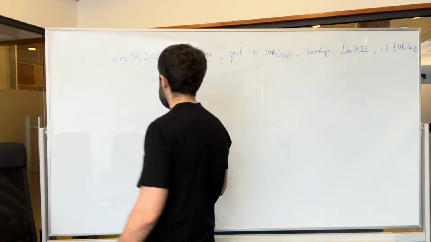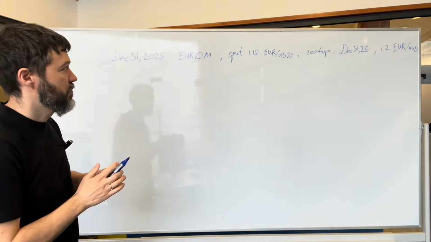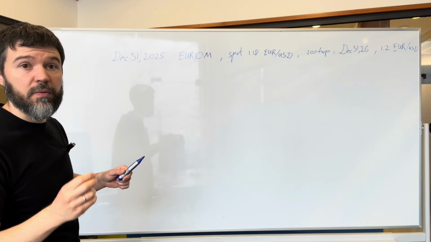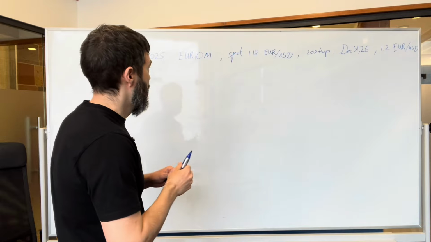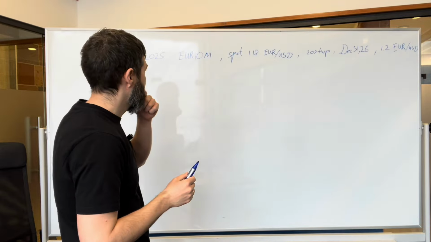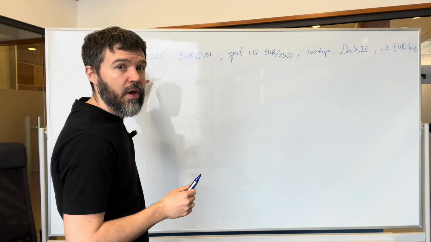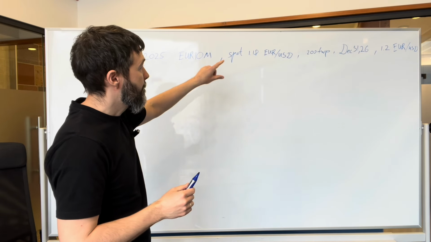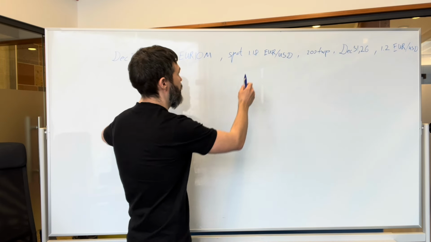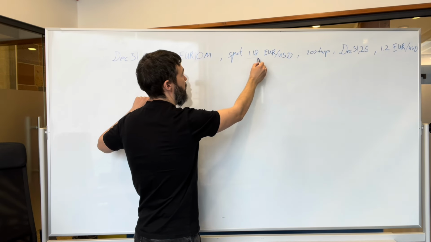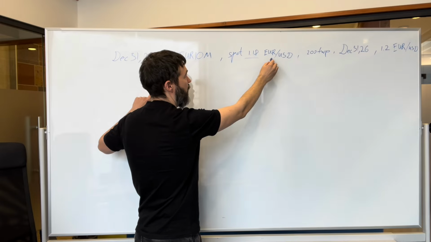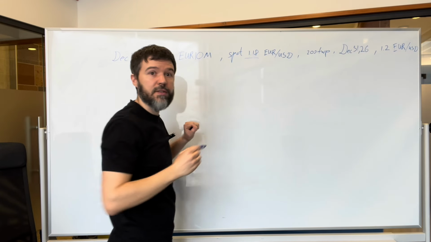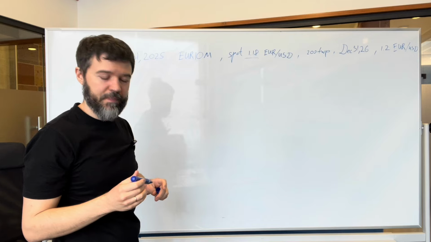These are the inputs, just to emphasize and to make it a little bit more simple. This is period 0. The spot is the rate where you can buy euro and sell euro at the same rate. This is just for simplicity reasons.